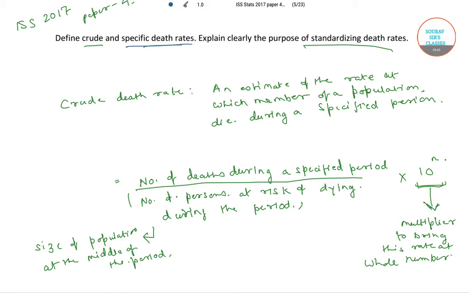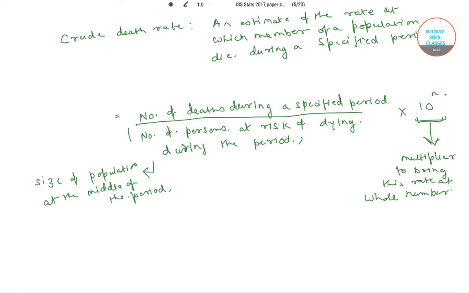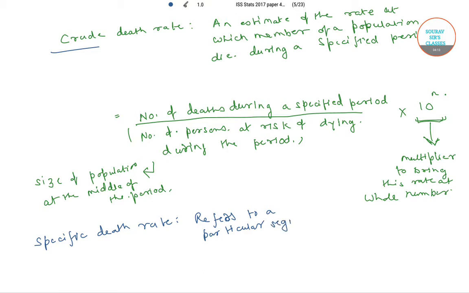Next is specific death rate. Now, in contrast to the crude death rate, a specific death rate refers to a particular segment of population.